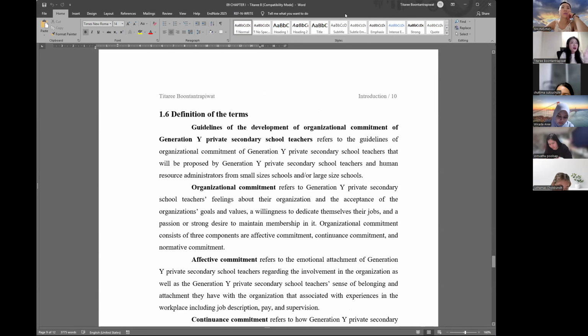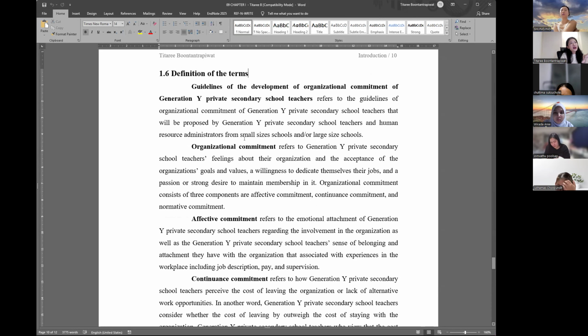So everybody needs to write definitions. I'm gonna take a little step forward to the details that will be shown in chapter 1, the introduction. When you need to write definitions of terms in your introduction, one of the sections is going to be called definitions. Some people might call it glossary.